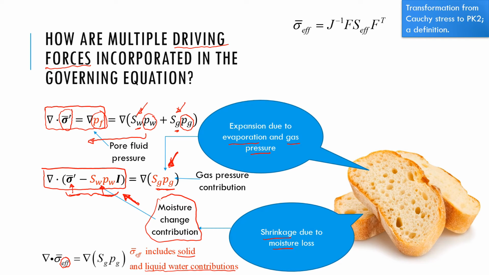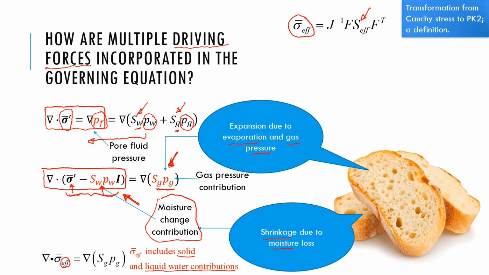So moving along, this sigma bar effective I can change, and I need to change it for computational reasons. We change this Cauchy stress to PK2, which is the Piola-Kirchhoff stress.